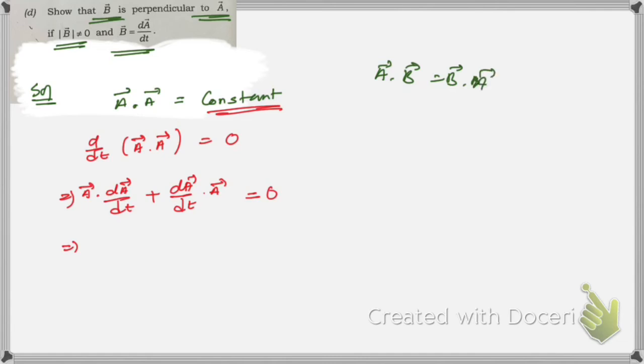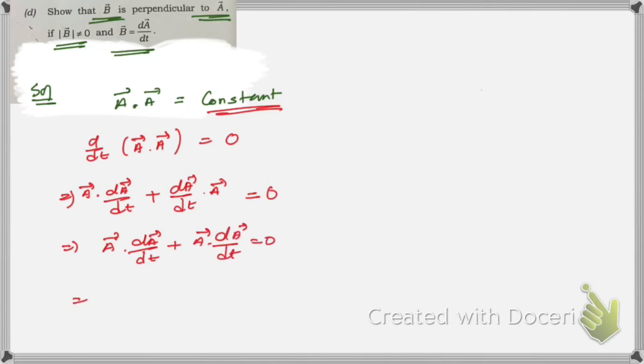So we can write a dot dA by dt plus a dot dA by dt is equal to 0. So 2 a dot dA by dt is equal to 0.